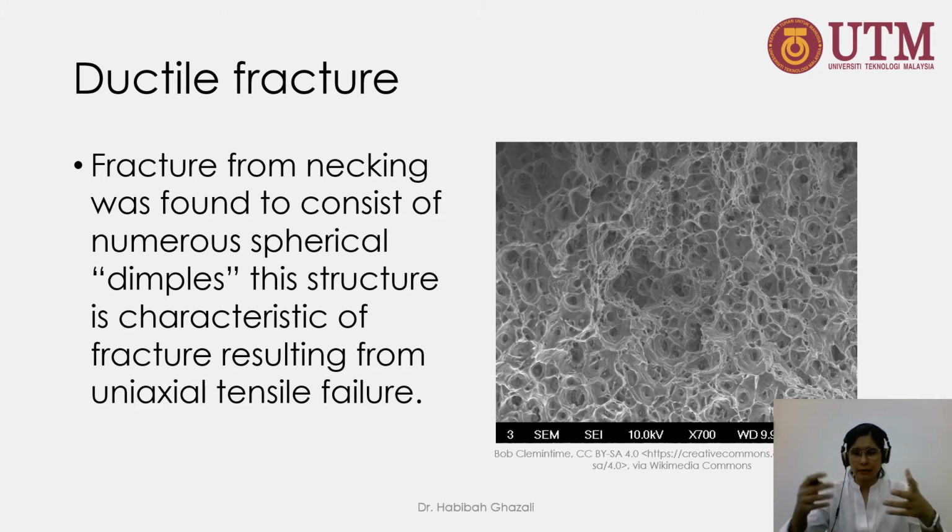So this is a characteristic of ductile fracture. You can also determine whether the material is ductile or brittle by looking at the fracture surface. With ductile fracture, you will observe a lot of plastic deformation on the surface, and the characteristic is that you will have a lot of spherical dimples.